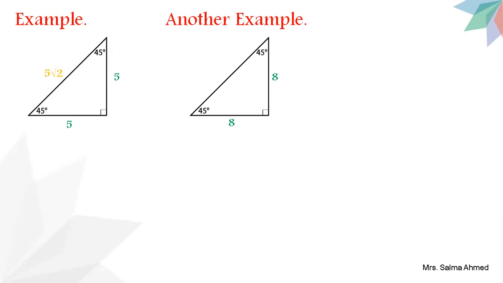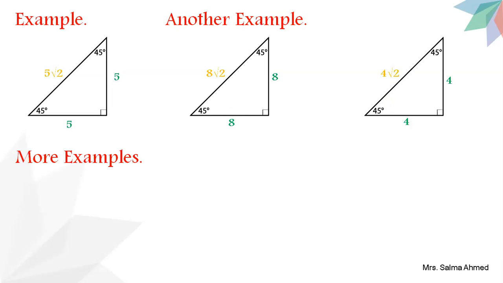So the hypotenuse will be x root 2, which is 8 root 2. Another one, if I have the leg 4 and the other leg should be 4, then the hypotenuse will be exactly 4 root 2.